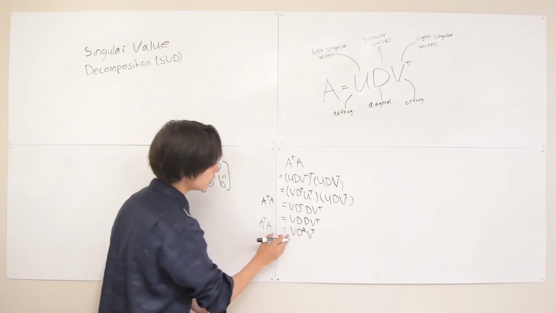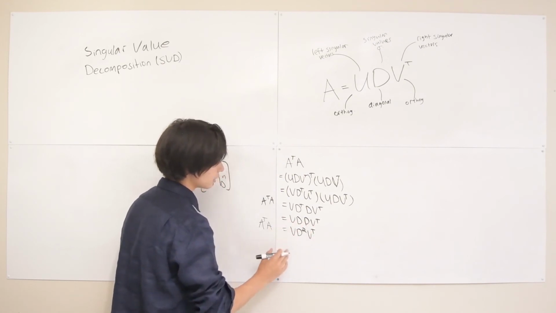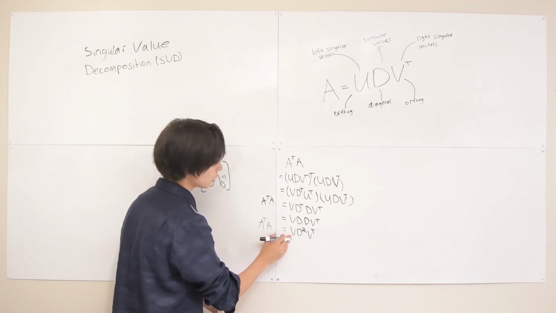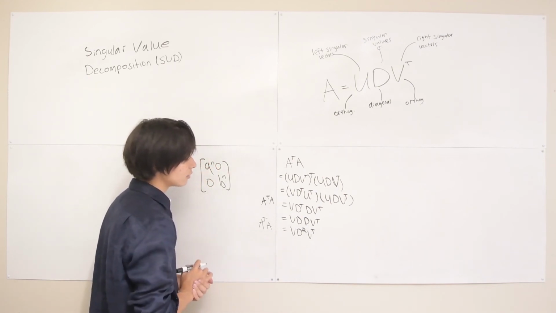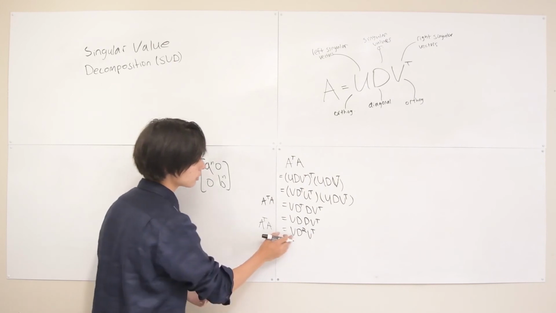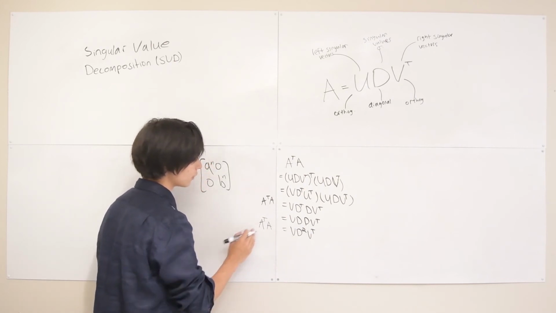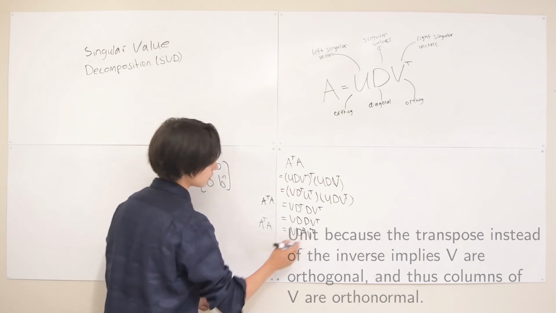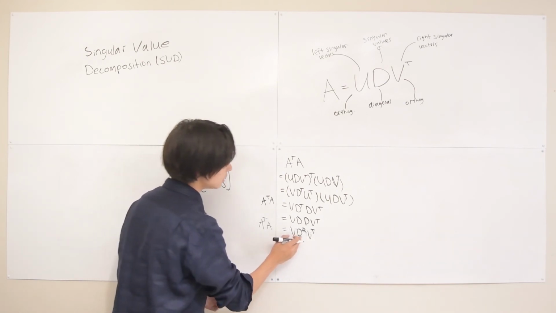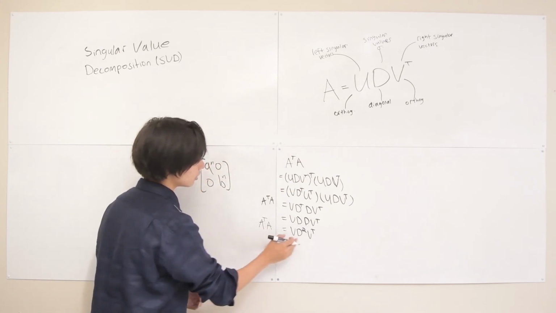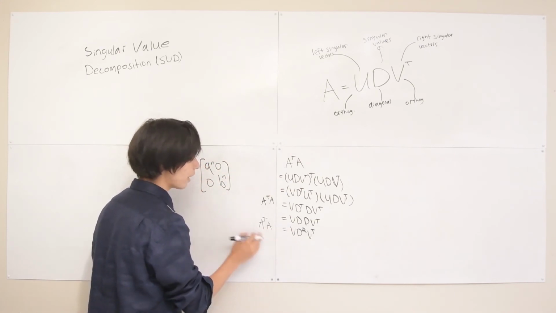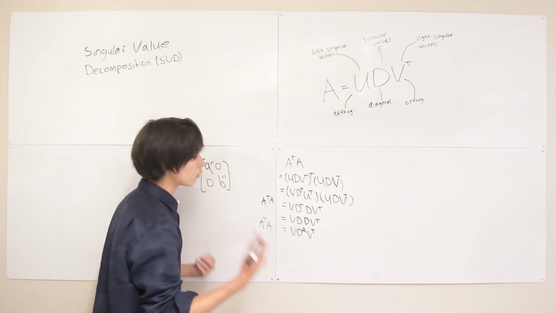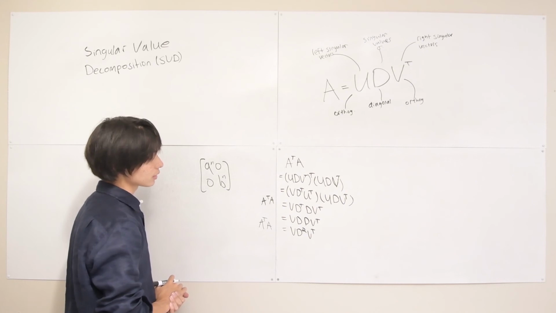So essentially, treating this like an eigendecomposition, the columns of V are going to be the eigenvectors of A transpose A, the unit eigenvectors of A transpose A. Same thing with this V here. And now the D squared is going to be the eigenvalues of A transpose A, which means that D will be the square root of the eigenvalues of A transpose A.